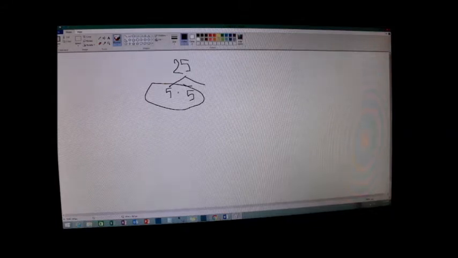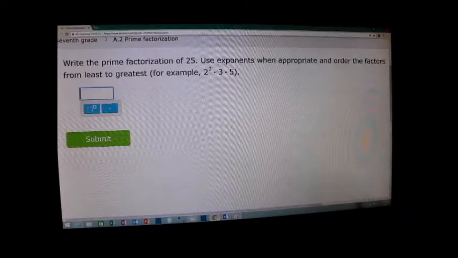This is shown as 5 to the power of 2, or 5 squared. How I got 2 is because there's always an exponent of 1, and the base is the same, so I keep it at 5 and add the exponents, which equals 2. So the answer is 5 squared.